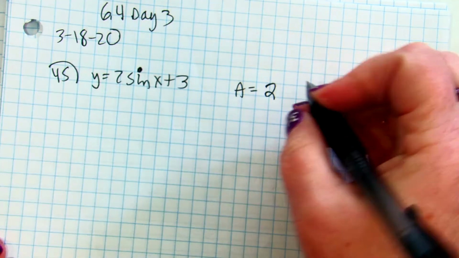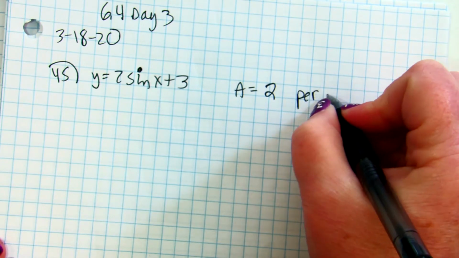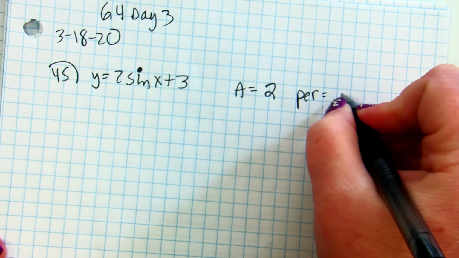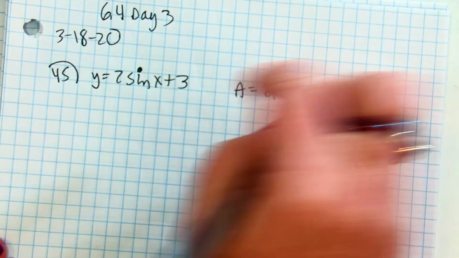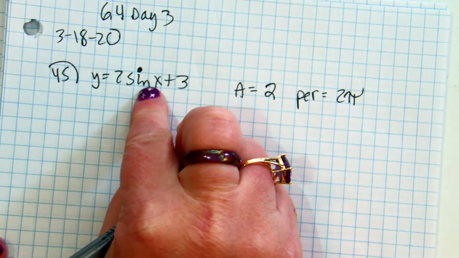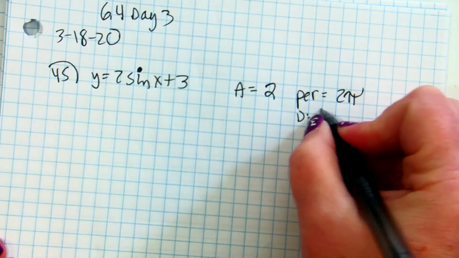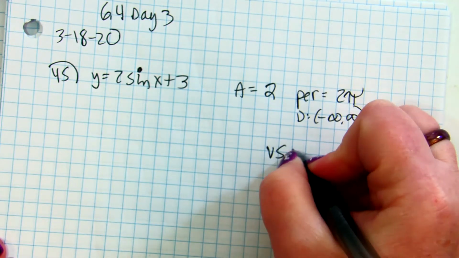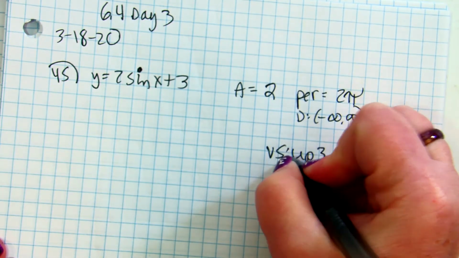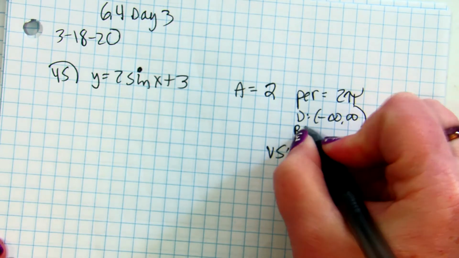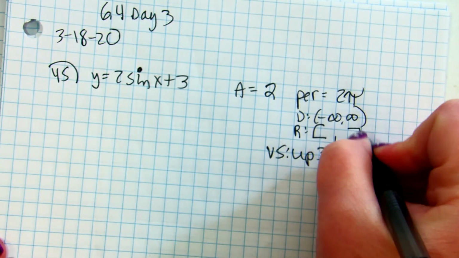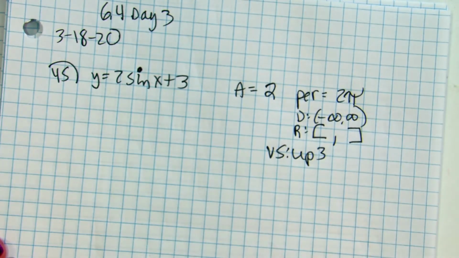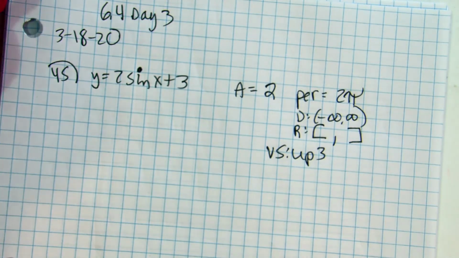What's the period of sine? 2 pi, and there's no w in front of the x. The domain is all real numbers, and there's a vertical shift of up 3. So we're going to wait to write the range when we see where we end up. You need to leave some room to move it up 3.